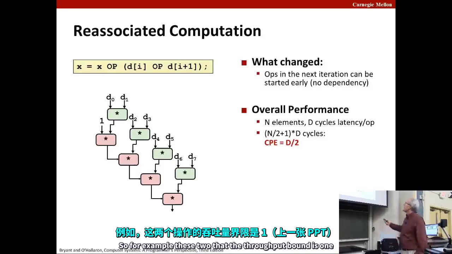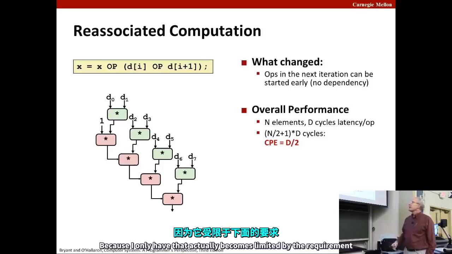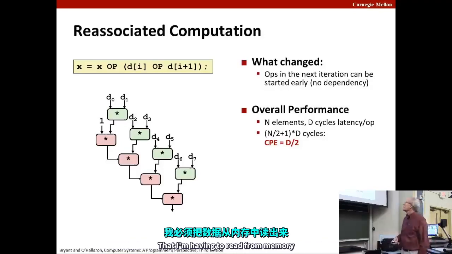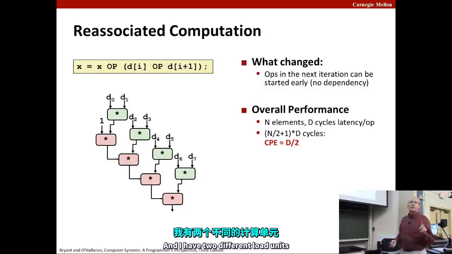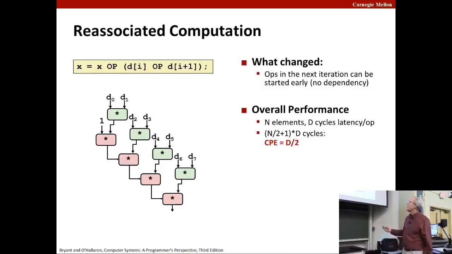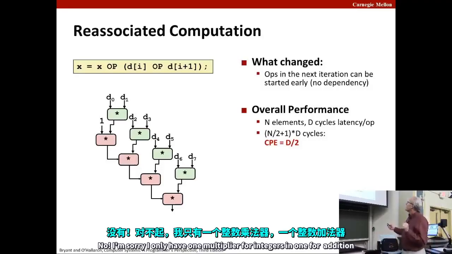So for example, these two, the throughput bound is 1 because I only have... that actually becomes limited by the requirement that I'm having to read from memory, and I have 2 different load units. Oh no, I'm sorry. I only have 1 multiplier for integers and 1 for addition.